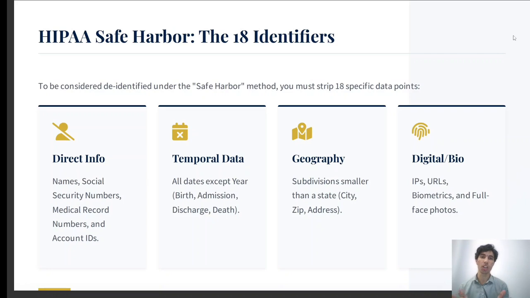So we need to strip all these data points to make sure that our data cannot be traced back directly to the individuals.